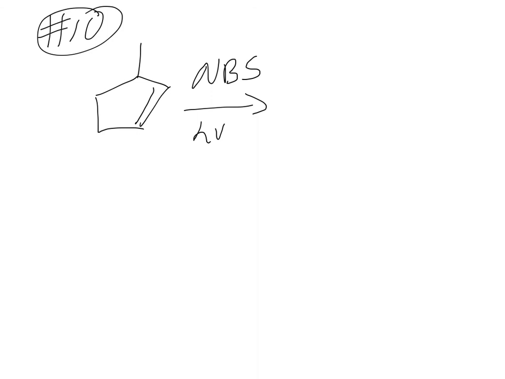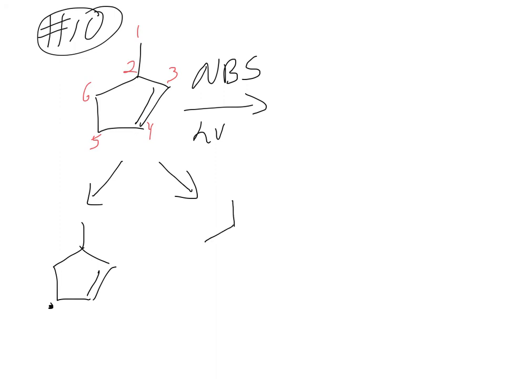Probably. So let's number these carbons. 1, 2, 3, 4, 5, 6. So 2 possible intermediates would be 2 and 5. Let's draw the radical here at 5. Can draw the radical here at 2.